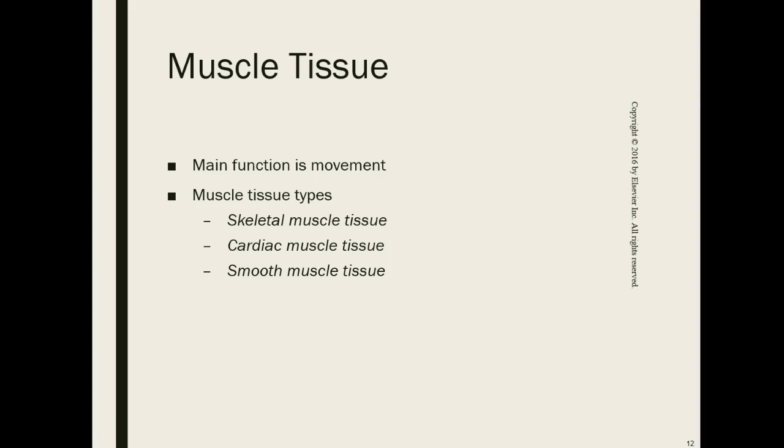Cardiac tissue is found in the heart walls. This is known as striated involuntary. So again, in that microscopic analysis, you'll see these striations, and I have a couple pictures to show you on the next slides. But involuntary is because we don't have any control over it. We can't think, I need to beat my heart right now, and then our heart will beat on command. It just kind of does its own thing. It's an involuntary control.